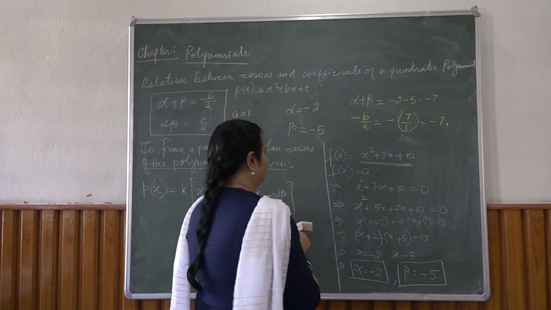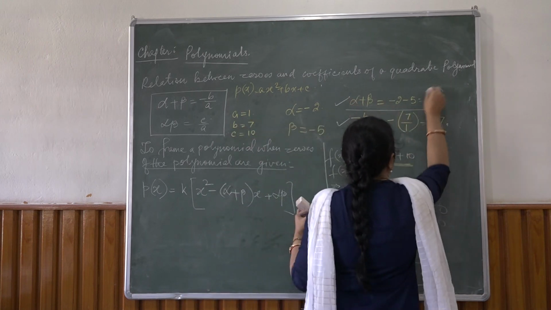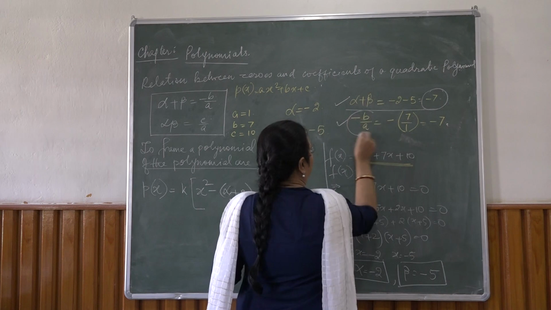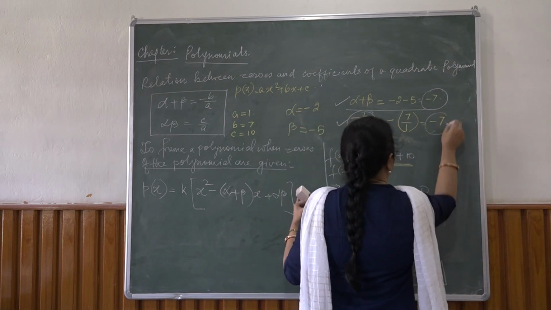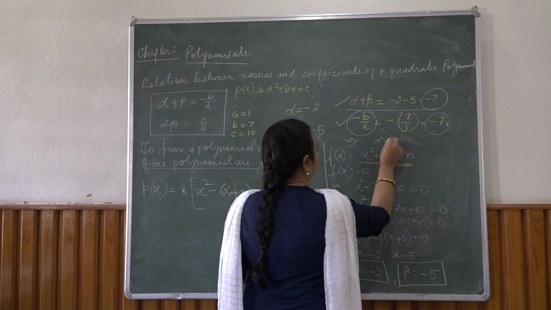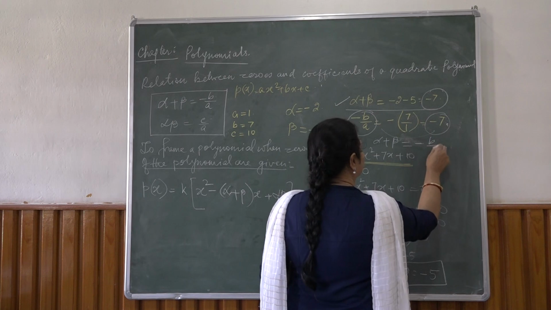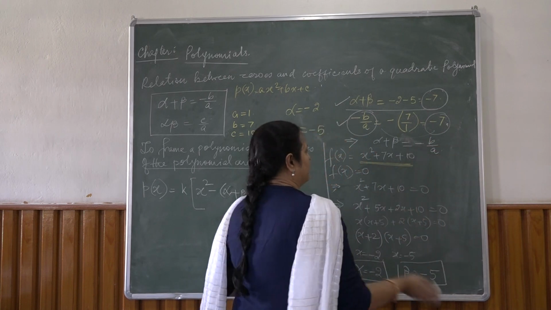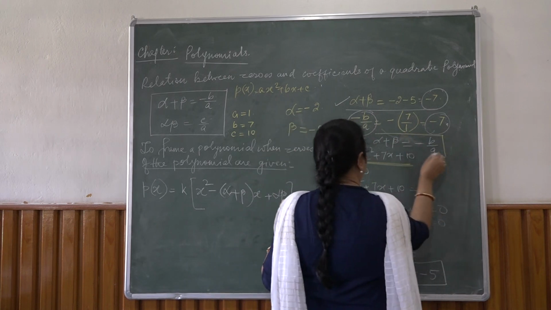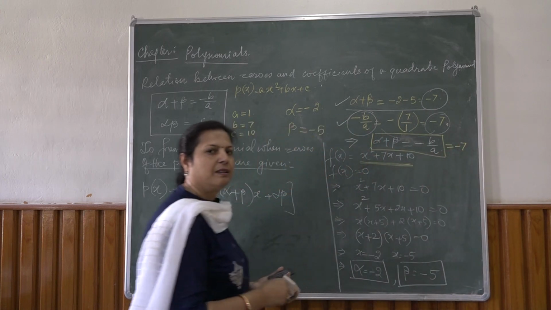So from these two you see alpha plus beta is equal to minus 7 and minus b by a is also equal to minus 7. This implies alpha plus beta is equal to minus b by a. So the first part of it is verified, and both are equal to minus 7.